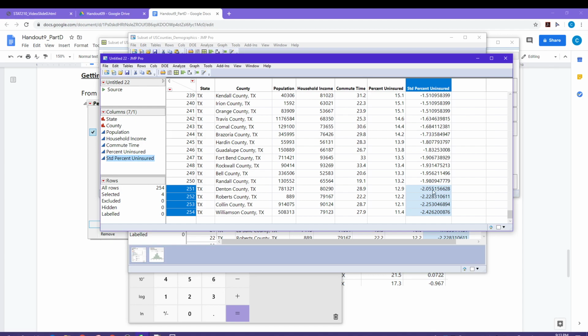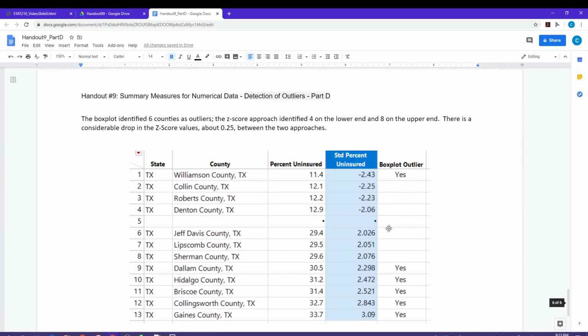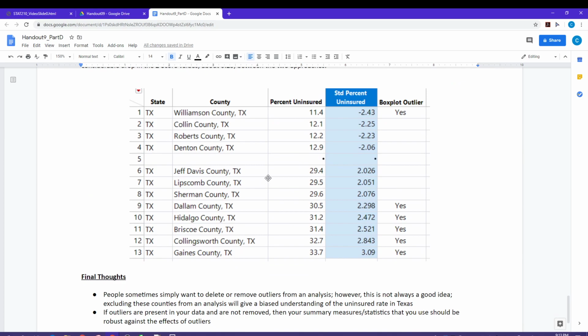This one, I would identify Denton County, Texas as a potential outlier because it's pretty close to that -2. But these others I would say are outliers. So that list is obtained here. And I just indicated whether or not the box plots identified those as well.